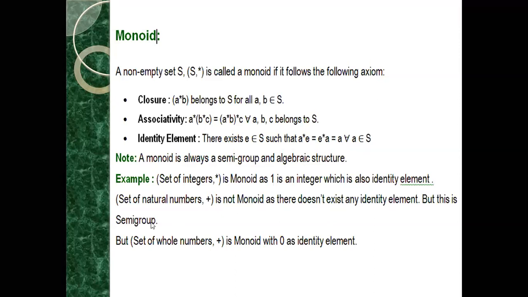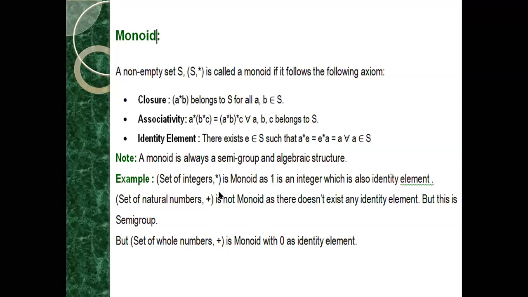Okay, but this is a semi-group, not a monoid. But the set of whole numbers with plus is a monoid with 0 as identity element, because the whole number set has the element 0. Okay, this is about monoid.